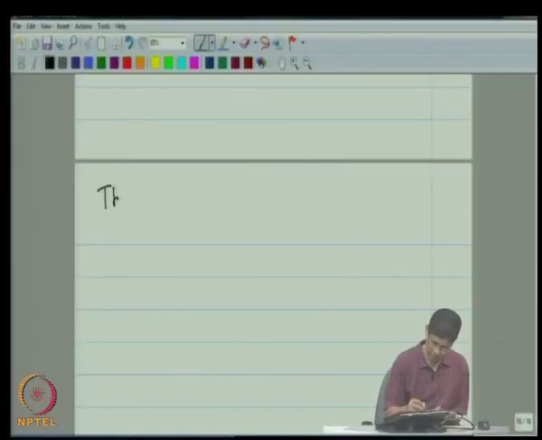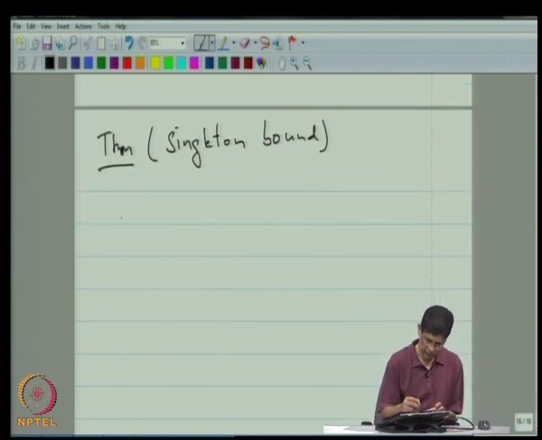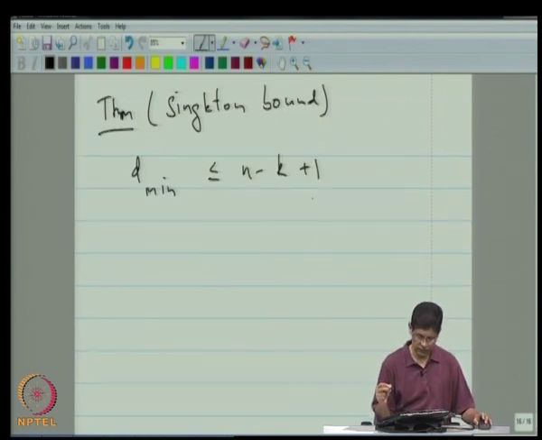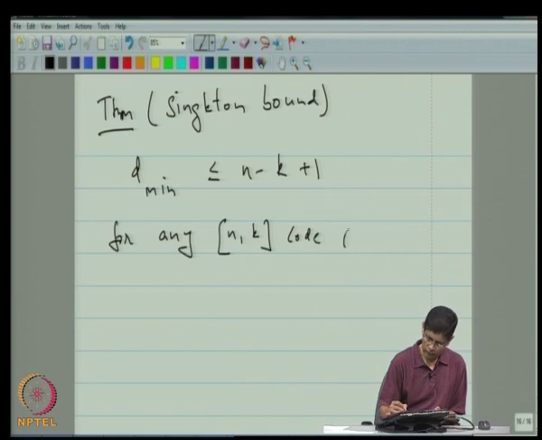Theorem, singleton bound: d min is less than or equal to n minus k plus 1 for any (n, k) code C.